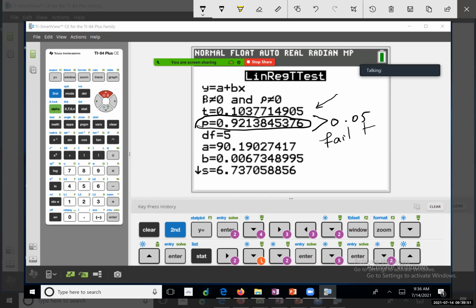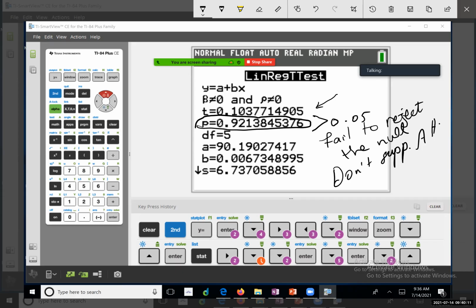We fail to reject a null and do not support alt.